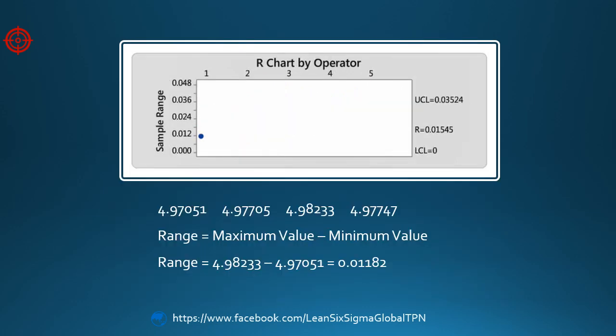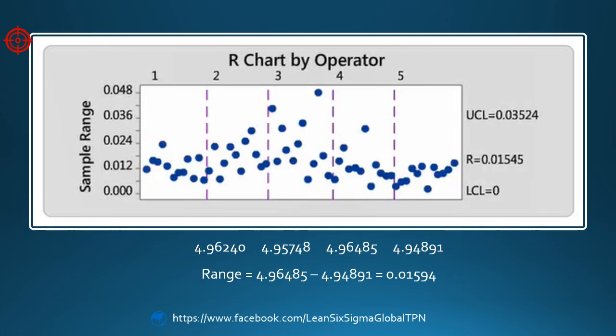To illustrate, here are operator 1's measurements on the first board. The range of the four measurements is 0.01182, and this is the first point on the R chart. The range of operator 1's measurements on the second board is 0.01594.